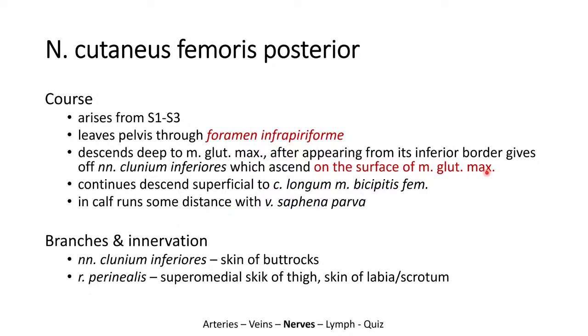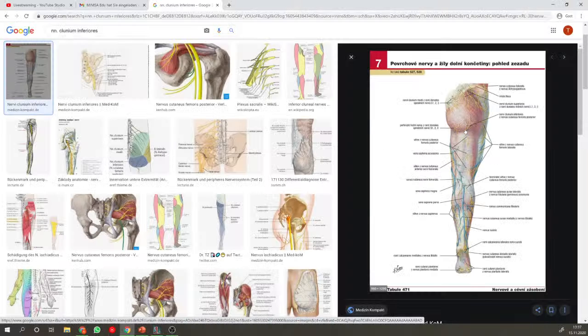So let's try to find if we can see it here. Yeah, here you can see, I hope you can see it. You have musculus gluteus maximus here, and then just at the inferior border of musculus gluteus maximus, we will have some nerves that will ascend back on it. These are the inferior cluneal nerves, and these are a branch of the posterior femoral cutaneous nerve.